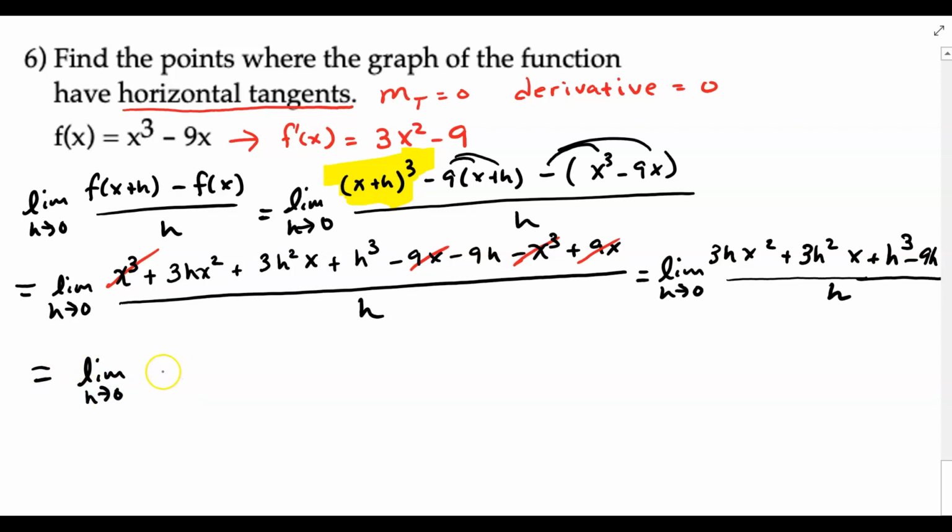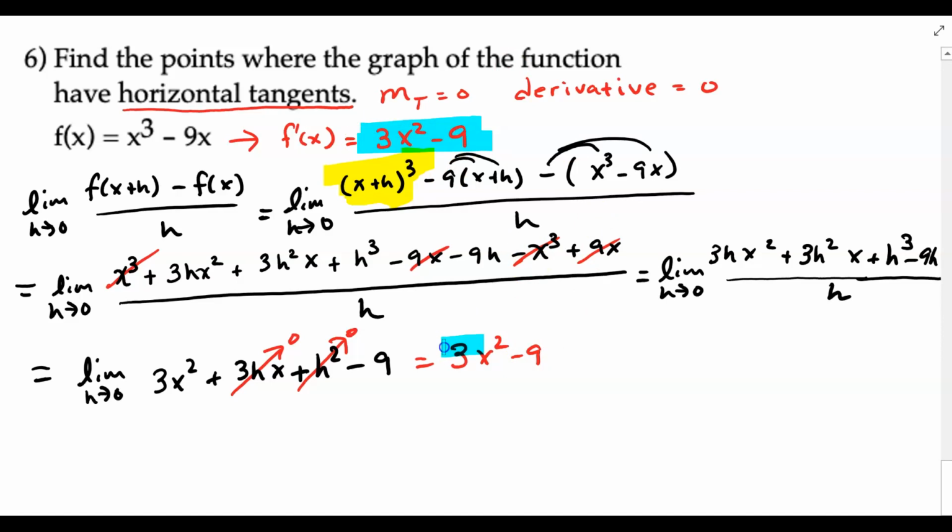All right, let's see what I'm left with. 3x squared plus 3hx plus h squared minus 9. Okay. Yeah, that goes to 0, that goes to 0. And what am I left with? 3x squared minus 9. Ironically, that's what I told you it would be.